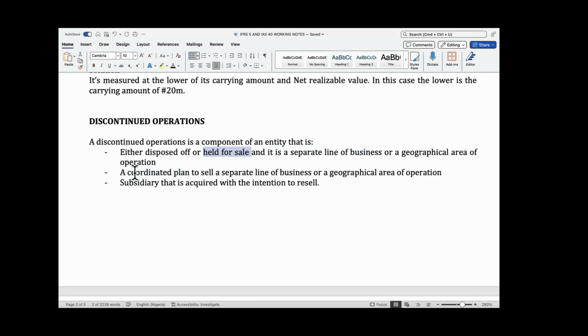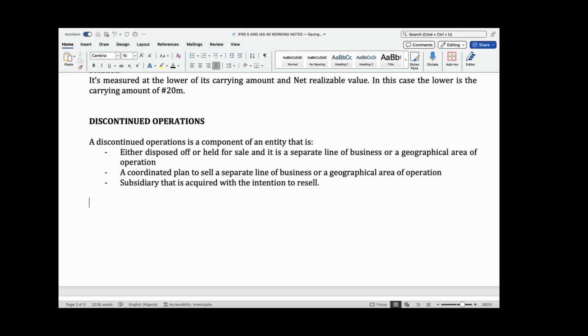It could be a coordinated plan, meaning you have not sold, but you are still holding it for sale. And also, it can be a subsidiary that you bought, and your intention of buying that subsidiary is that you want to sell it. That was why I bought it. And that is a discontinued operation.